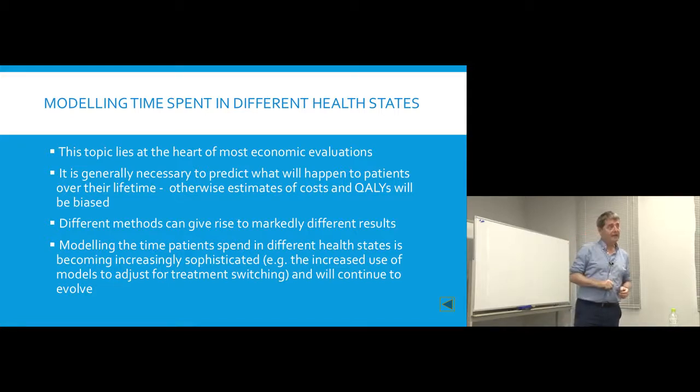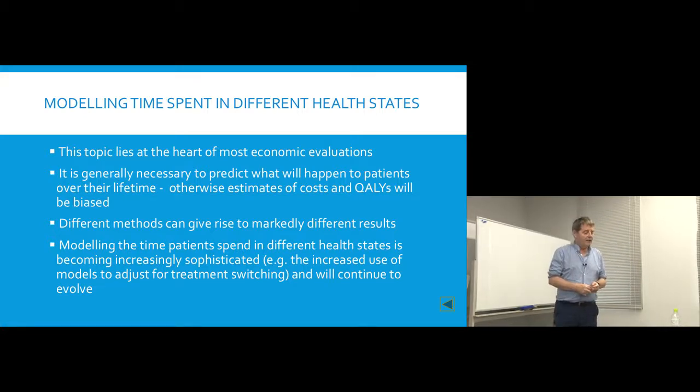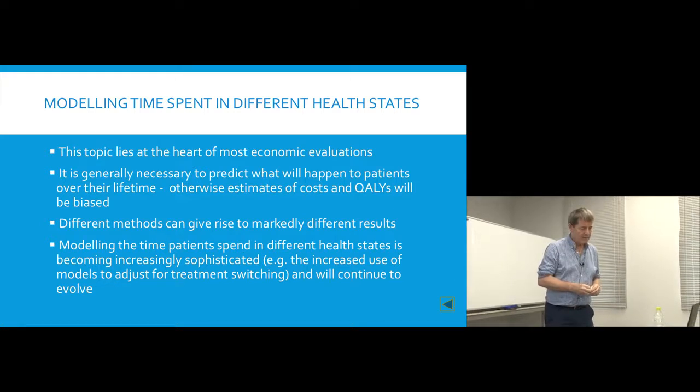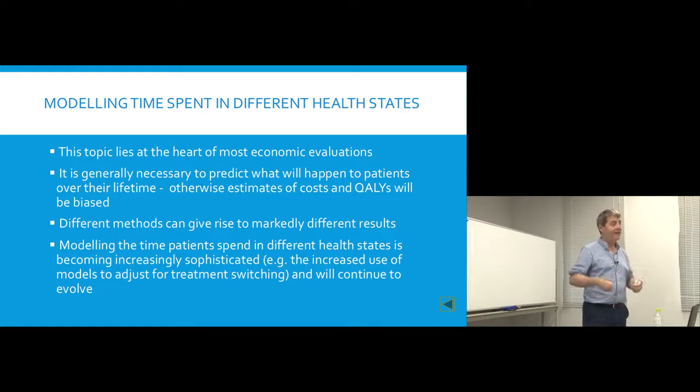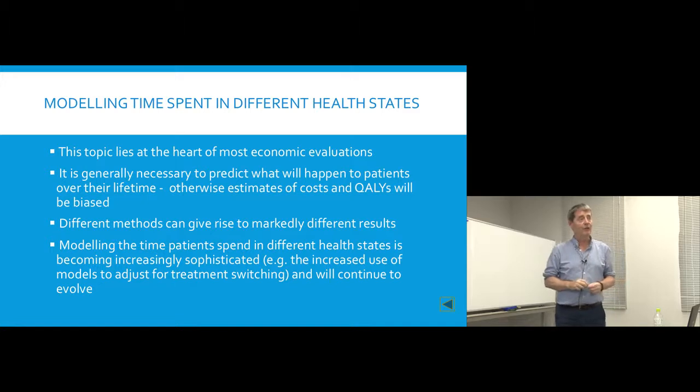And the better the health state, the higher the score we attach to it. So the quality-adjusted part is increasing. So that's important. We need to know how much time patients will spend in different health states. But of course, the second thing is, we don't usually know that. We don't usually have clinical trial data that tells us that. What we have is some limited period of follow-up.